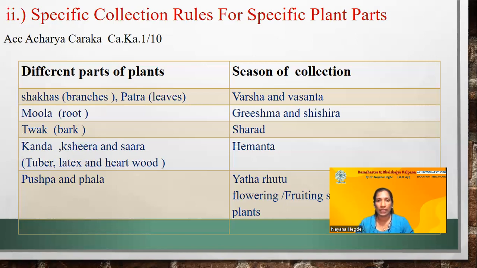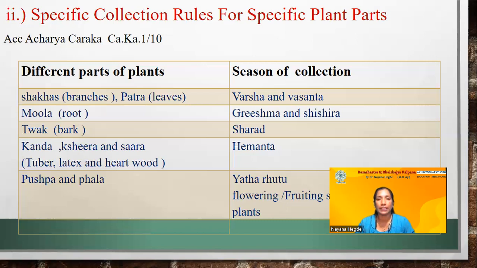Examples: Dashamoola, Brahat Panchamoola, Laghu Panchamoola. If you are collecting, you should collect in the Grishma and Shishira Rutu. Twak, bark. For example, Panchavalkala: Udumbara, Ashwatha, Vata, Palasha, Plaksha.